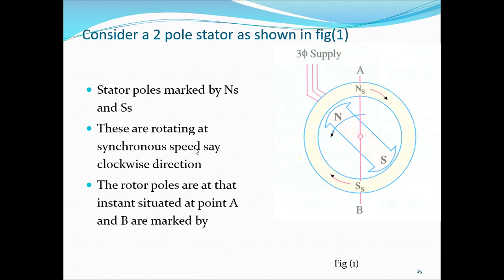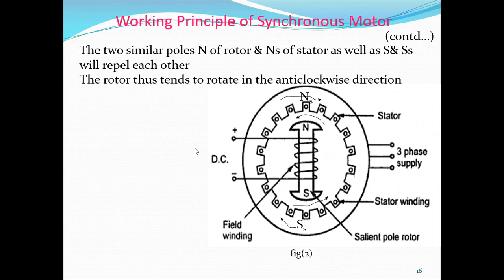Because both poles are rotating in one direction, the stator and rotor poles attract each other, lock each other, and rotate in one direction with the same speed, that is synchronous speed. This locking of stator poles and rotor poles is called magnetic locking. That's why the synchronous motor is not self-starting.